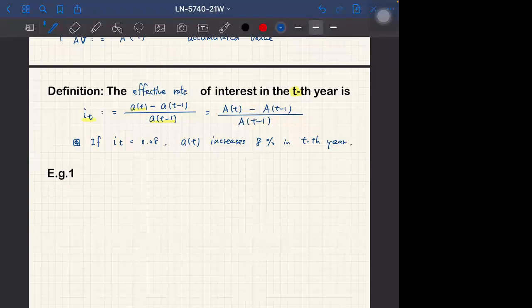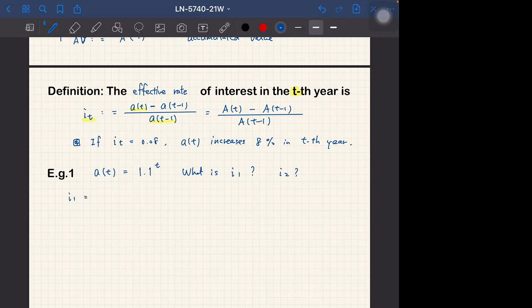For example, suppose that the accumulation function A of t is equal to 1.1 to the power t. Then what is I1 and what is I2? I1 is the interest earned in the first year.